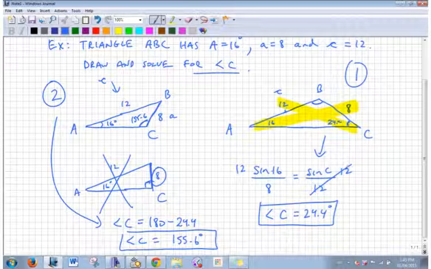Picture it in your head. Visualize it. So if this one's obtuse, B can't be obtuse. It has to be something different. You know how to solve for B. All three angles have to add up to 180. Then you just solve for B, right? So two possibilities for that.